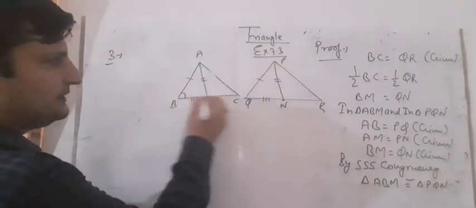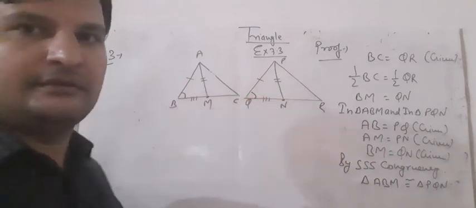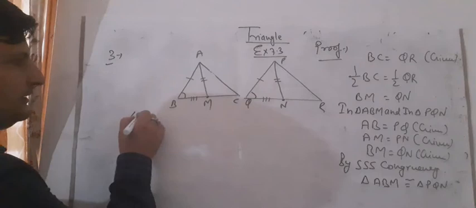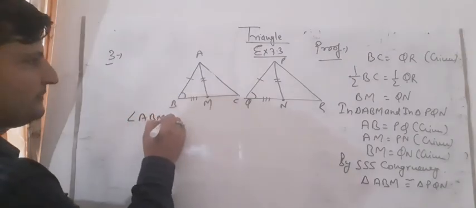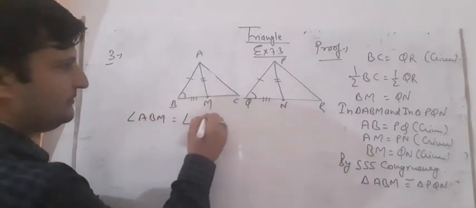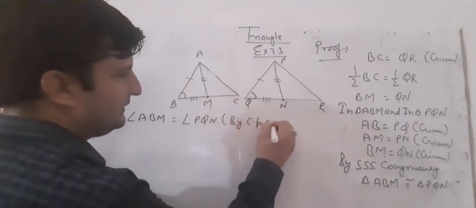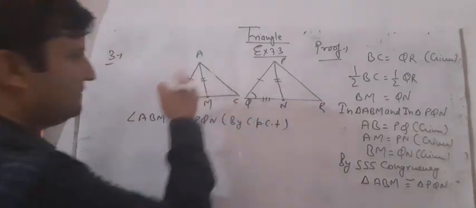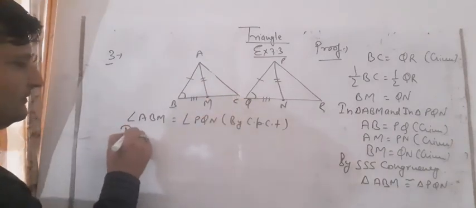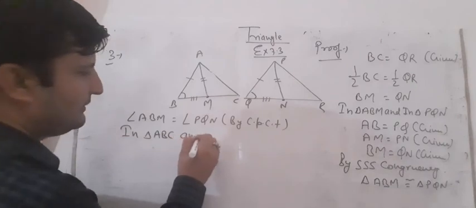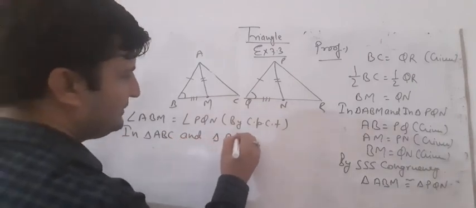It means this angle is equal to this angle, because by CPCT angle ABM is equal to angle PQN. So now we have to prove ABC, in triangle ABC and triangle PQR.